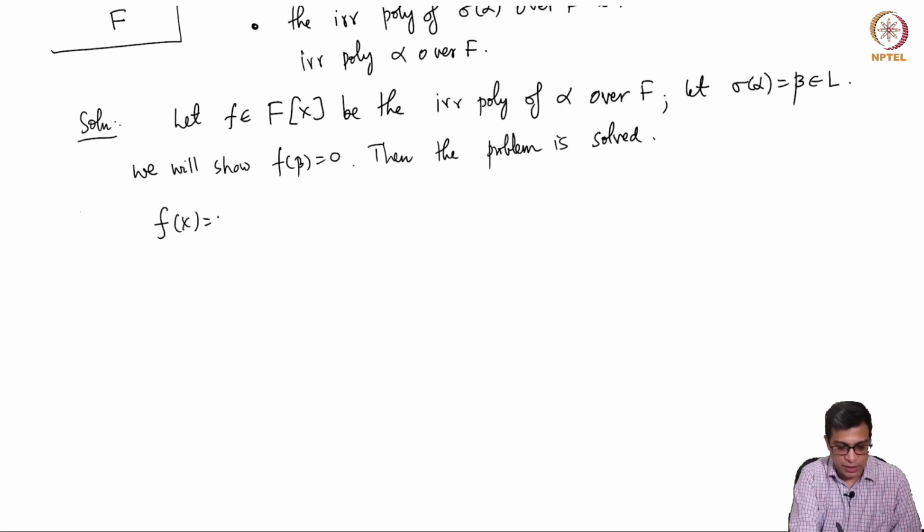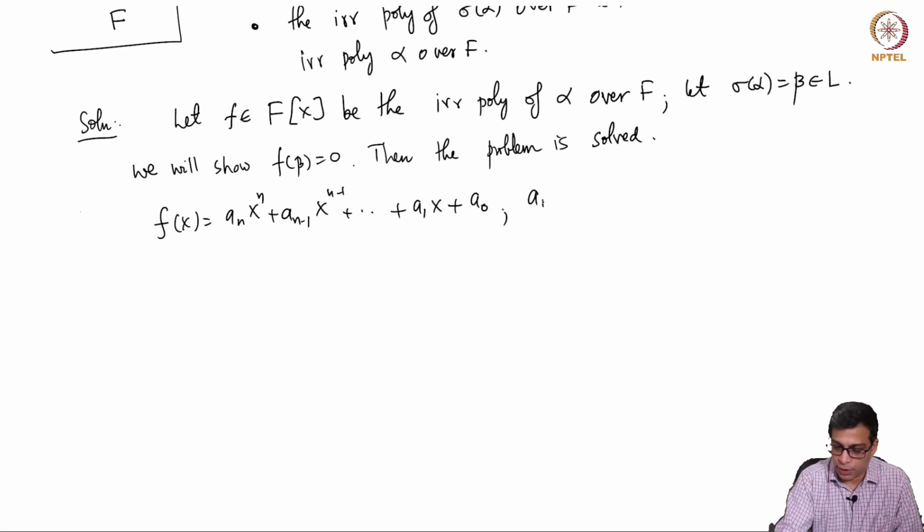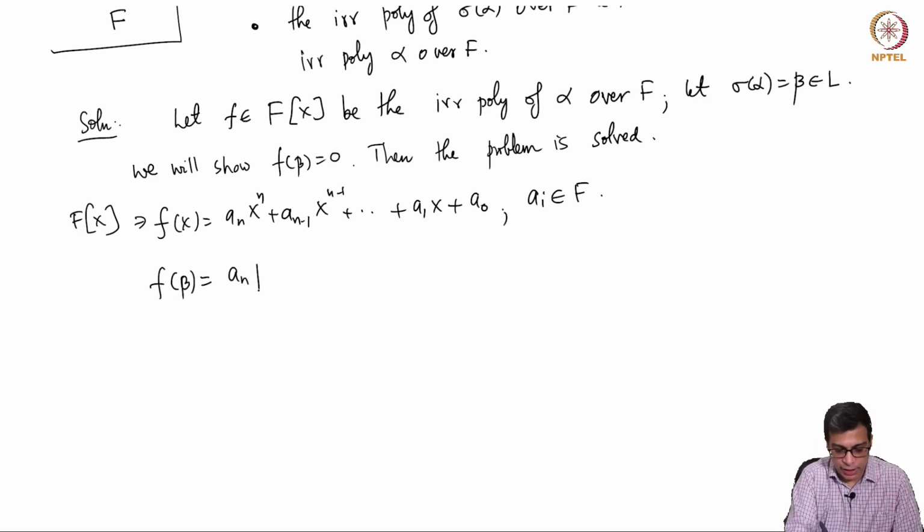So let's say f(x) equals a_n x^n plus a_{n-1} x^{n-1} plus ... plus a_1 x plus a_0. So here remember the a_i's are in capital F because this is a polynomial over capital F. Now what is f(beta)? f(beta) is a_n beta^n plus a_{n-1} beta^{n-1} plus ... plus a_1 beta plus a_0.